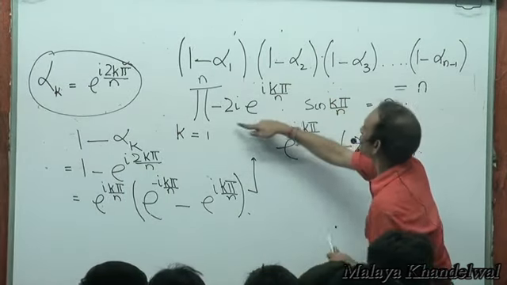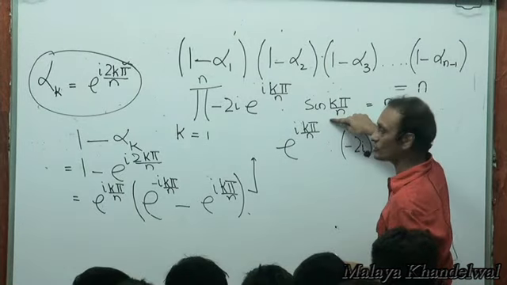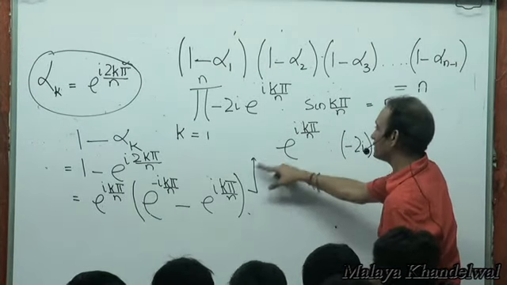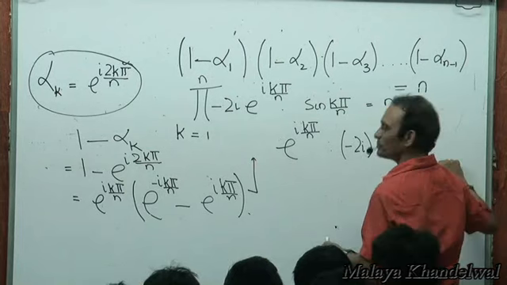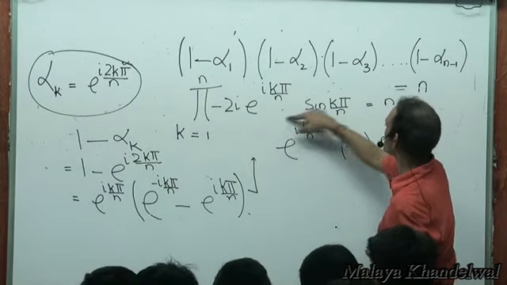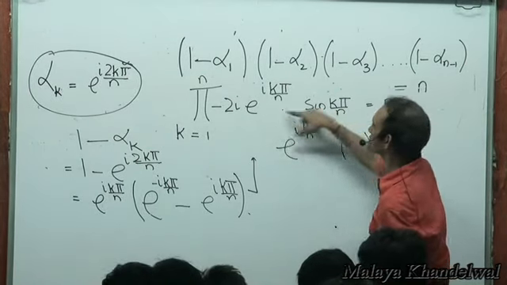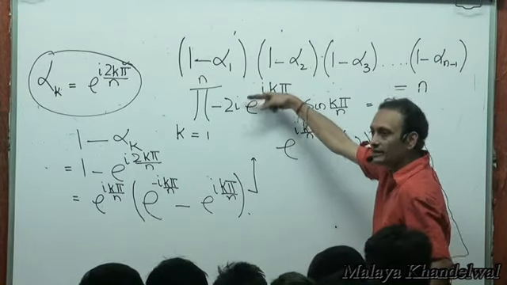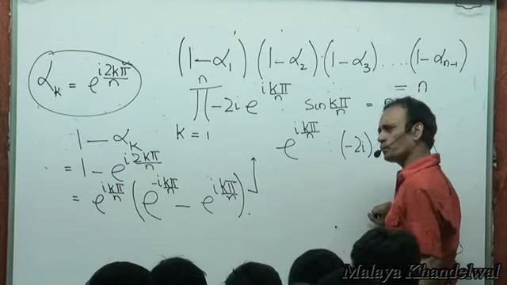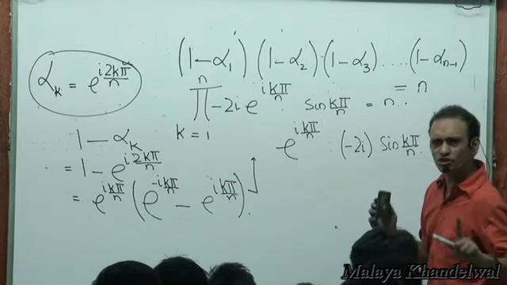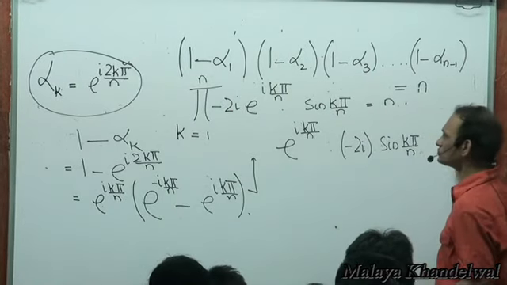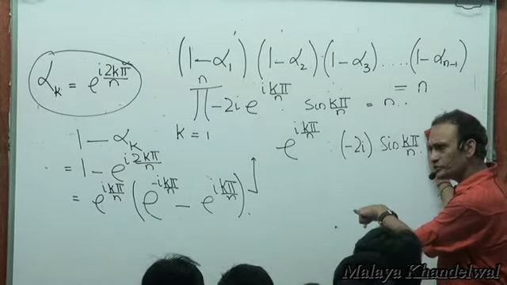See, these are all 1 minus alpha k's, the product of terms of this kind. 1 minus alpha k is precipitated as this term. Product of terms of this kind, k equal to 1 to n, equal to n, yes or no? Are you confused? No? Can I remove the clutter from you?